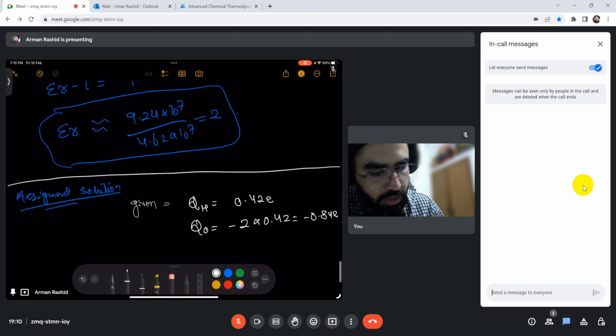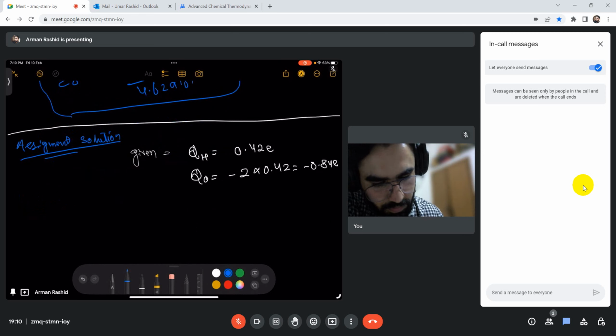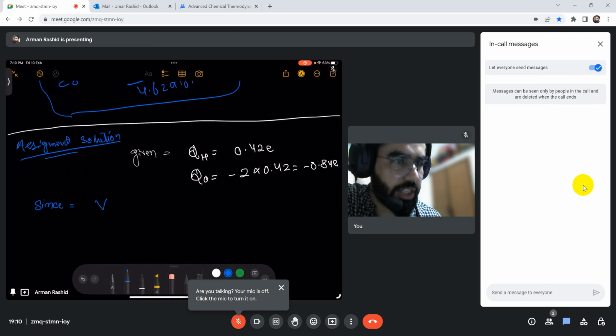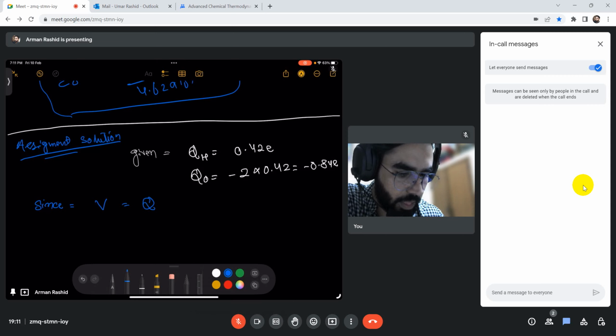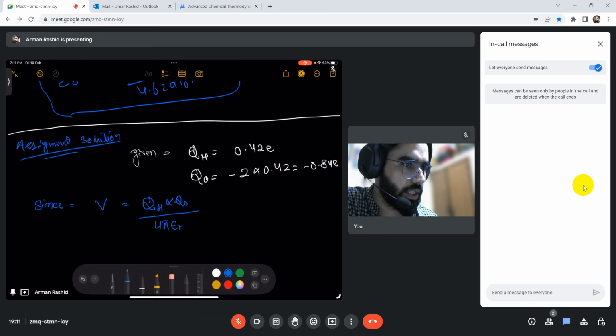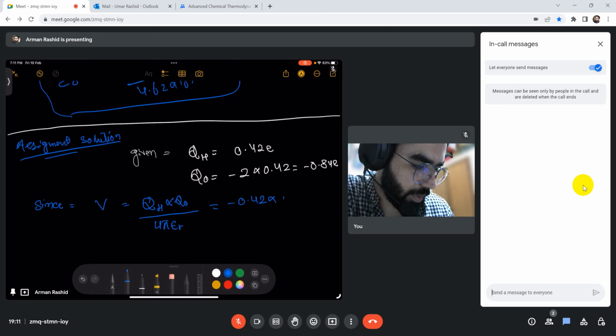Now we know that the potential energy of the bond will be given by this. So we'll put QH, 0.42, multiplied by 0.84, divided by 4 pi epsilon r into epsilon 0.